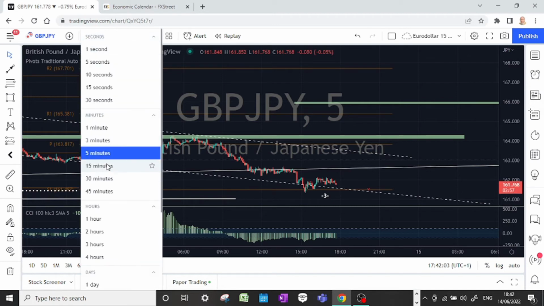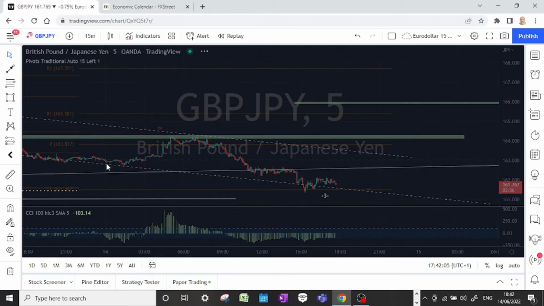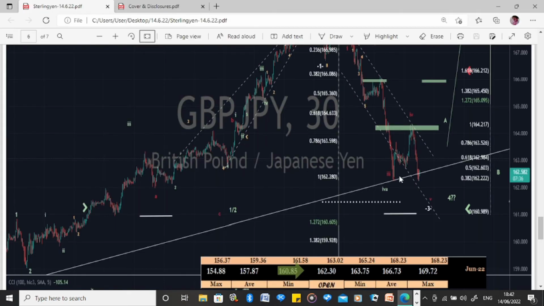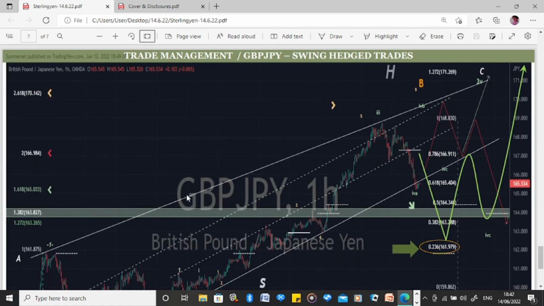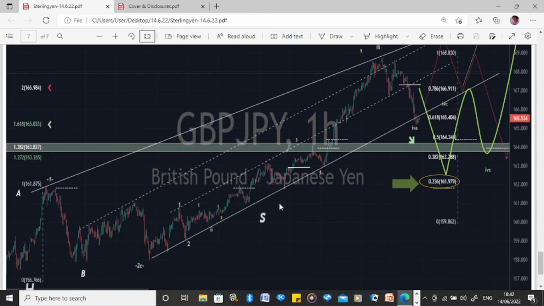Now I understand the why, so we don't really have to observe the market cycles. That's right. So you're looking to buy that bounce, that green arrow, 160.98, even lower at 160.9. Suppose that bounces higher. We were looking at the structure on the 1-hour chart at 161.97. We're already past this.